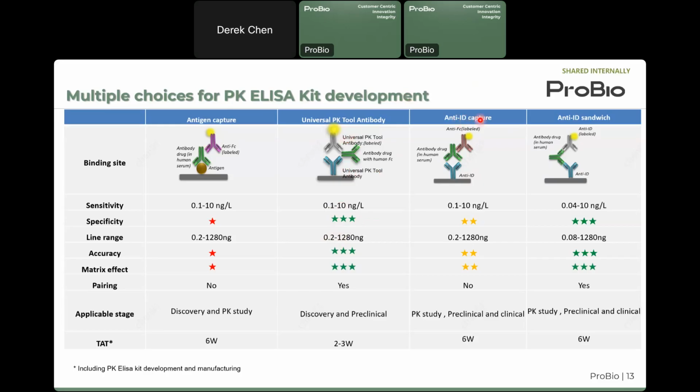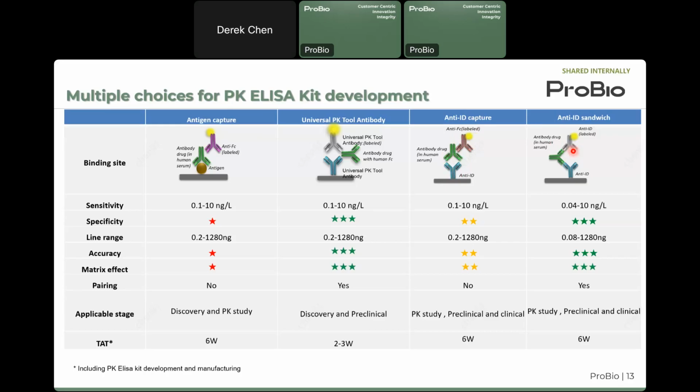Anti-idiotype capture and anti-idiotype sandwich ELISA formats both require anti-ID, anti-idiotype antibody coated on the plate to capture the drugs in the supernatant, followed by detection with either commercially available anti-Fc secondary antibodies or another anti-idiotype antibody with a different epitope.